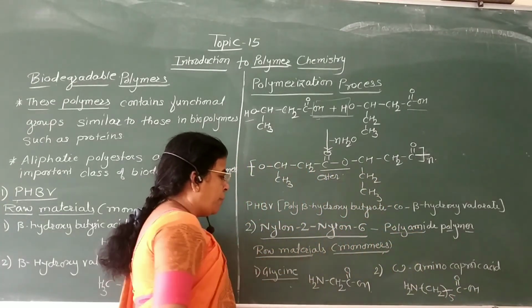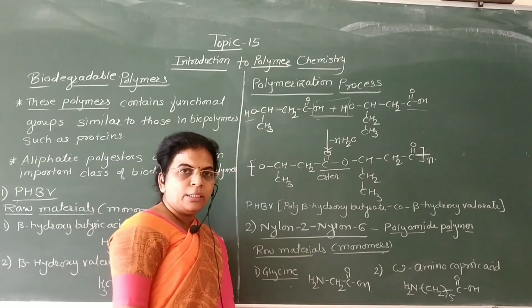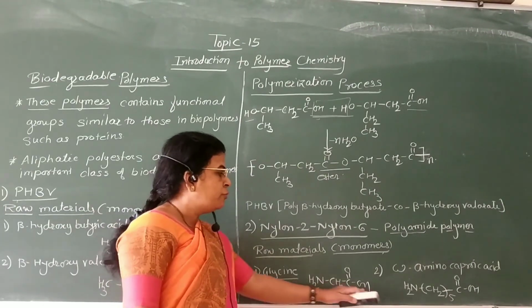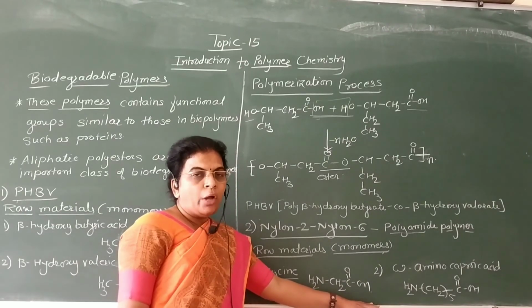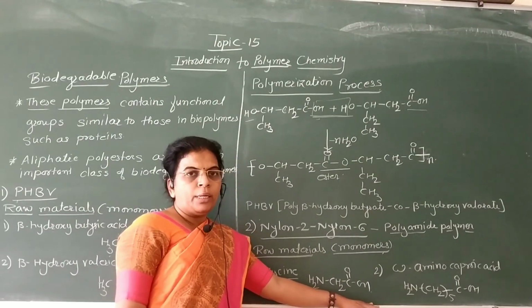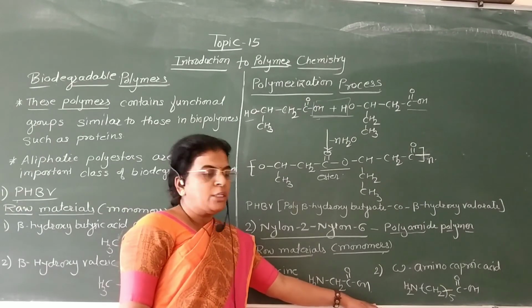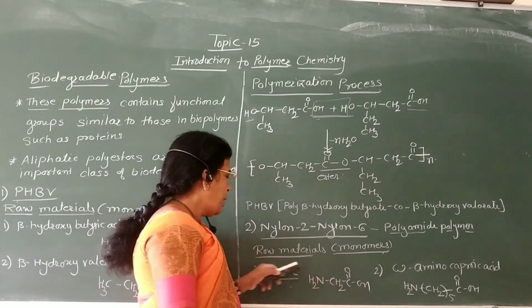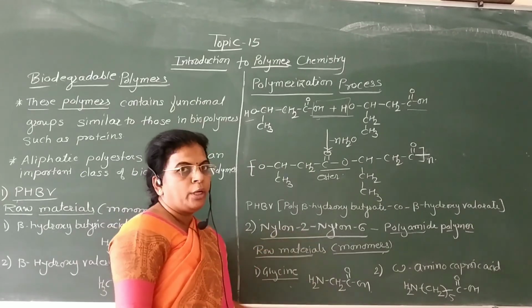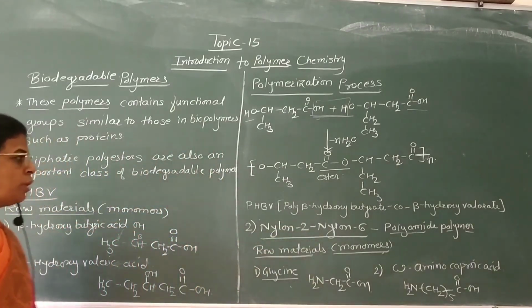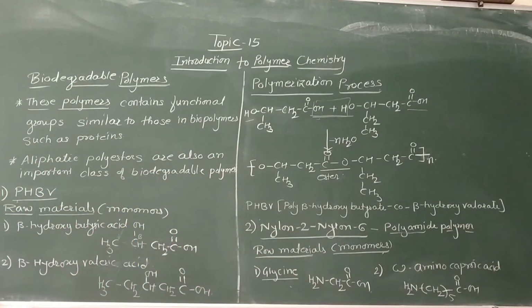When these two monomers undergo polymerization, it is also a copolymerization process which proceeds by condensation polymerization to give nylon 2 nylon 6 polymer. These are the two biodegradable polymers which can easily undergo biodegradation in nature.